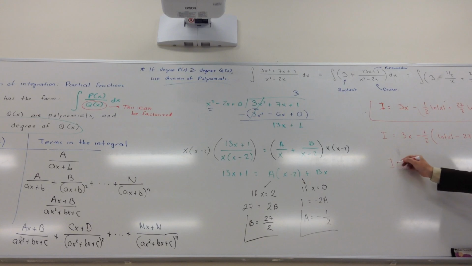So, 3x minus 1 half ln of x minus ln of x minus 2 to the 27, which is 3x minus 1 half ln of x over x minus 2 to the 27.